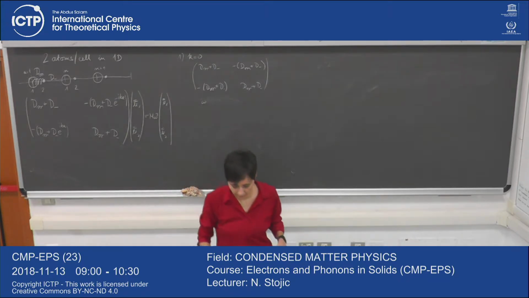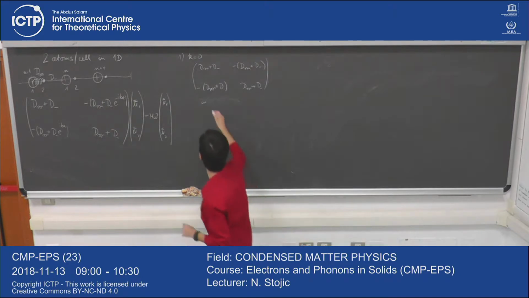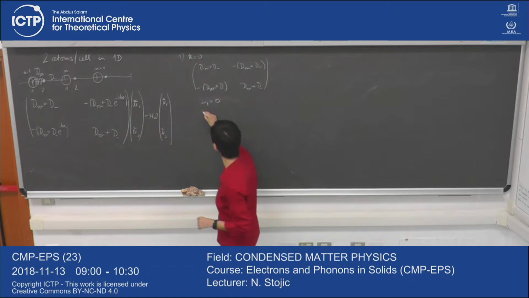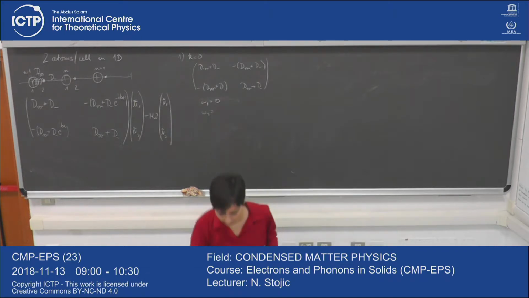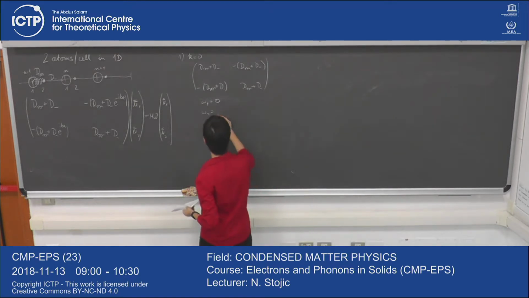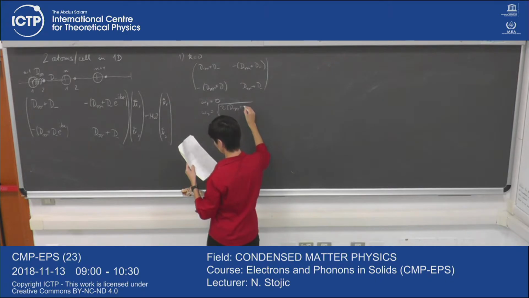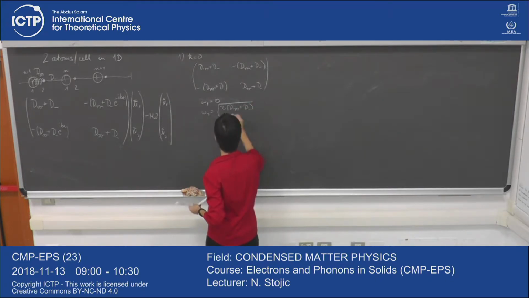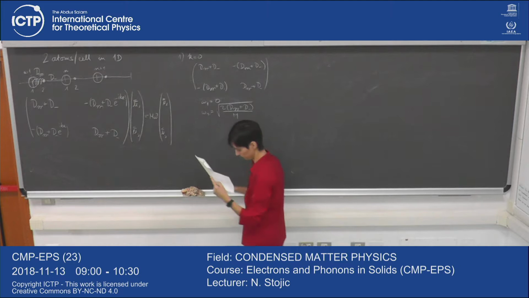Let me just write, because omega 1 is 0. This is for sure. Omega 2, I will copy the solution not to make a mistake, is 2 times the strong plus the weak over M.